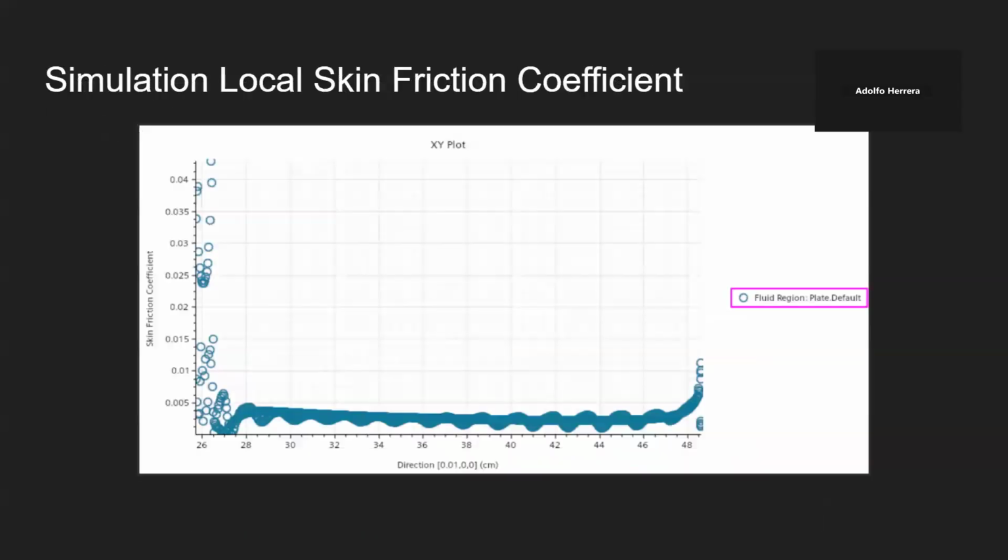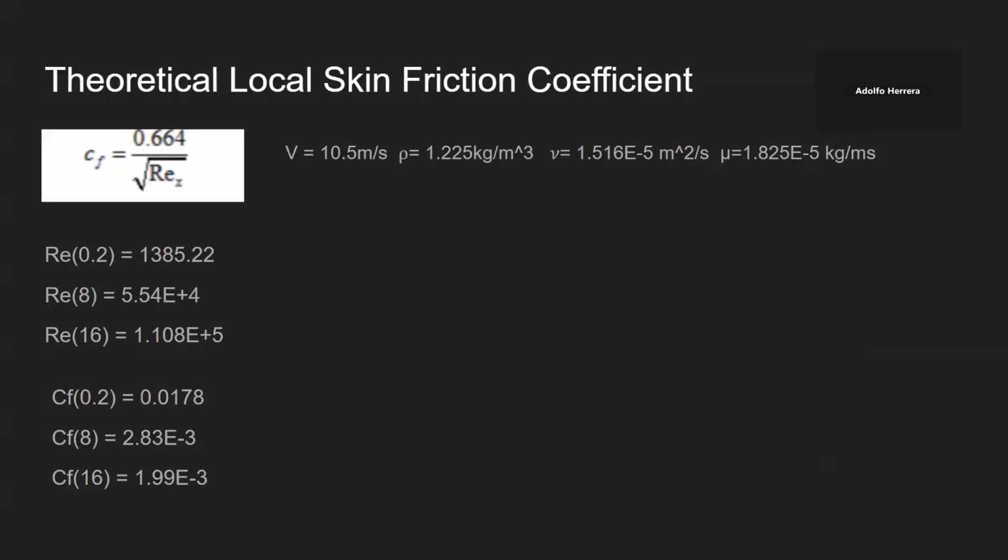And then moving on to part E, here we have the local skin friction coefficient, which looks exactly like the wall shear stress plot, since this is across the whole plate and including top and bottom parts of it. These are the theoretical results that we get from the same parameters that we used on the wall shear stress calculations for these Reynolds numbers.